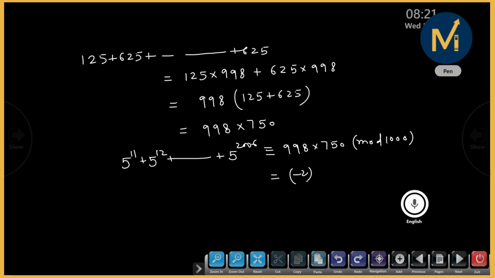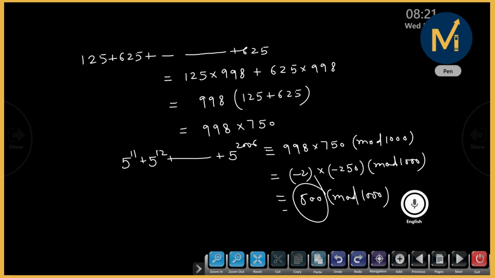This 750 is congruent to minus 250 modulo 1000, and it becomes 500 modulo 1000. So in this case, that sum S leaves remainder 500 when divided by 1000. That's why the last 3 digits of the given number S are 500. This is the answer.